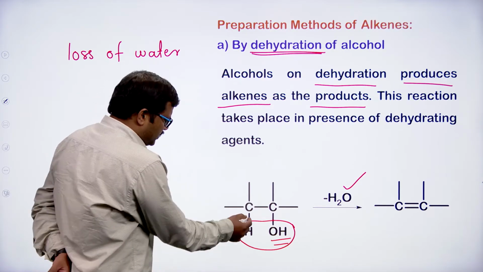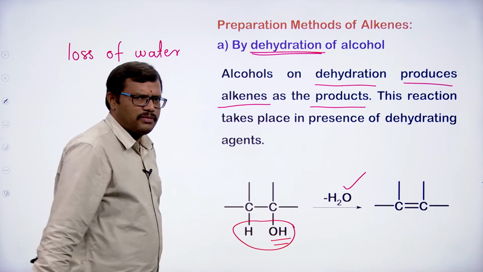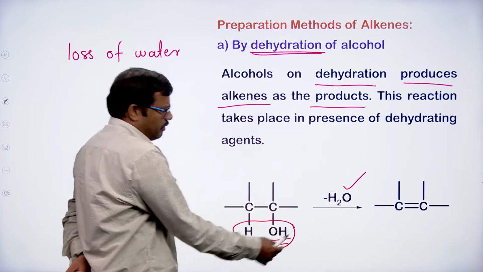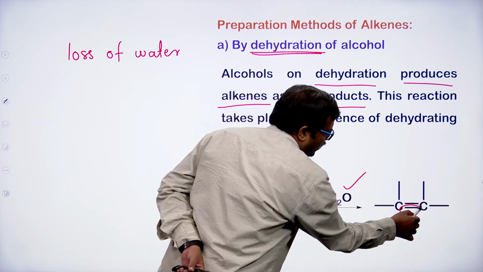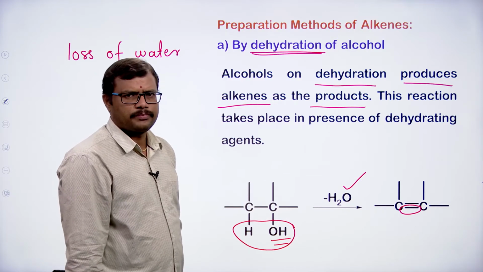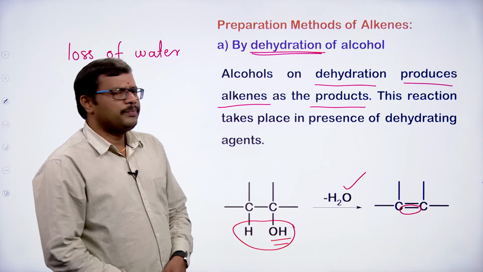Since these two carbons are each losing one group or one atom, these two carbons are connected by a double bond. So a new pi bond is going to be formed between the two carbon atoms in this case. Okay. So here what is happening?